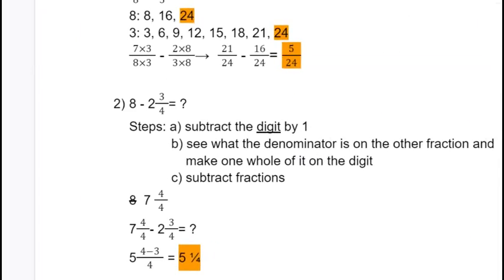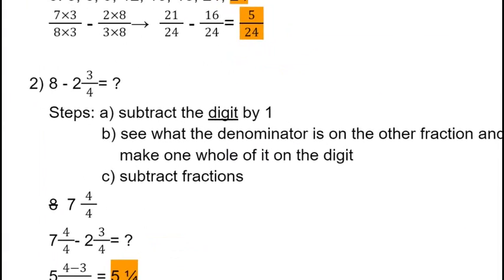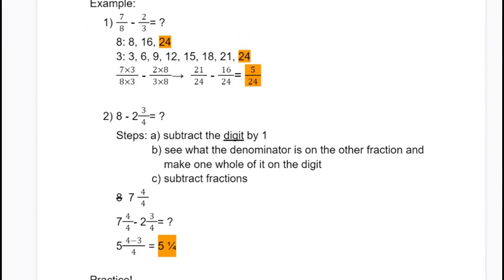I have another example here where we have whole numbers and mixed fractions. When you have this kind of scenario, there are a couple of things you have to do. In order to subtract this, you have to make the 8 into a mixed fraction as well. To do that, you subtract the digit by 1.